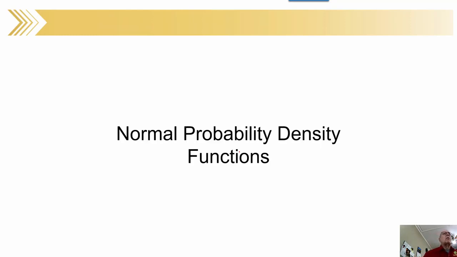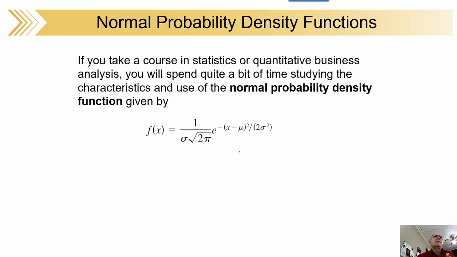And just a quick one about normal probability distribution functions. You may remember, if you've taken statistics, that there's a normal curve, and you've probably either forgotten or wanted to forget what the equation looks like. That's the equation for the normal curve. It doesn't look quite so normal looking like this, does it?